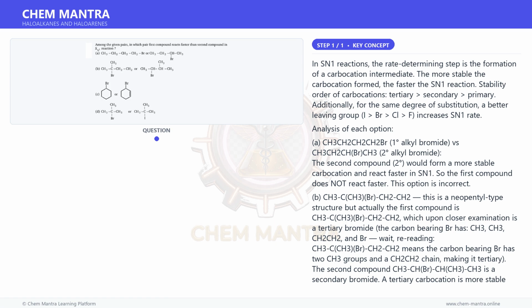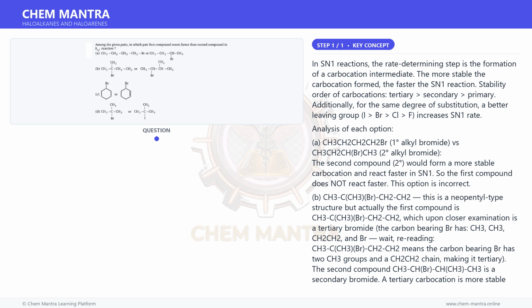B. CH3C(CH3)BrCH2CH3. This is a neopentyl-type structure, but actually, on closer examination, the first compound is a tertiary bromide. Wait, rereading, it means the carbon bearing Br has two CH3 groups and a CH2CH3 chain, making it tertiary.